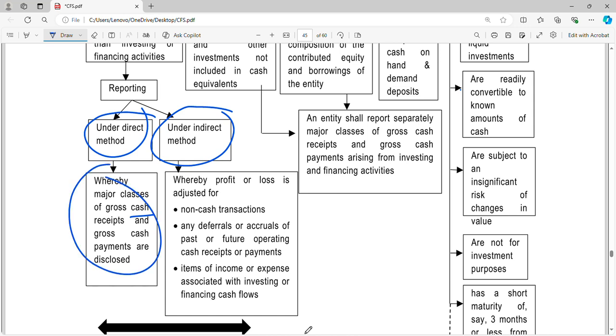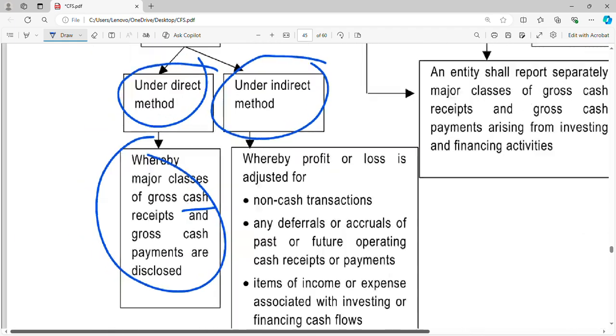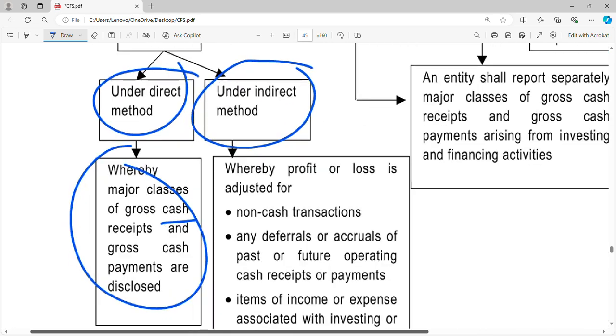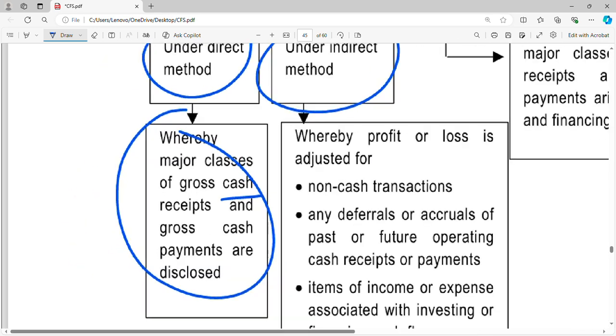The income tax paid, the business profits tax, will be considered in operating activity. If it is related to asset tax, then it will come under the investing activity.